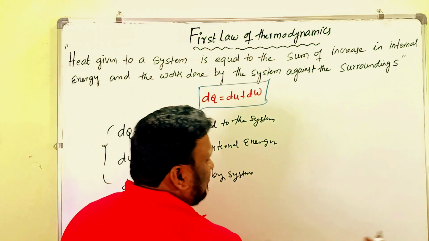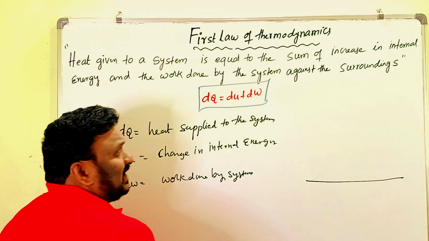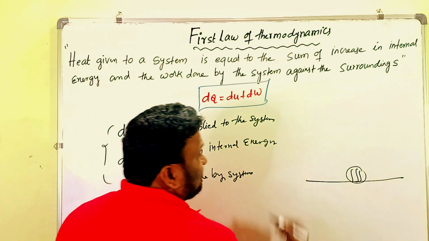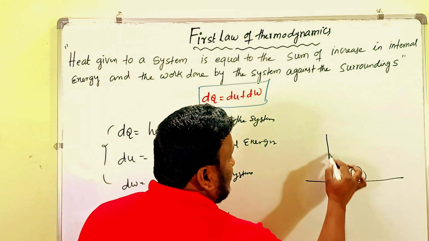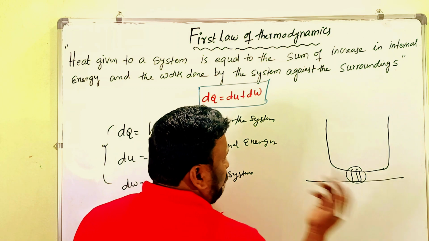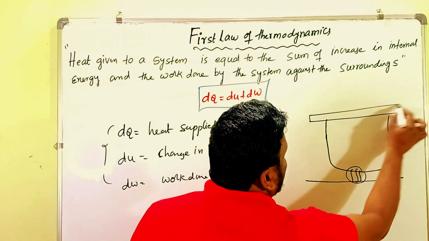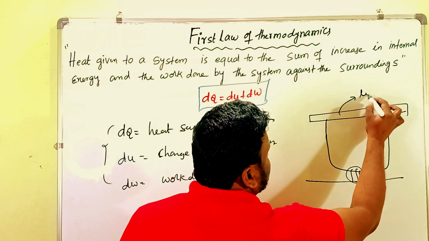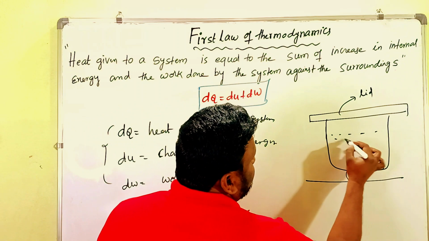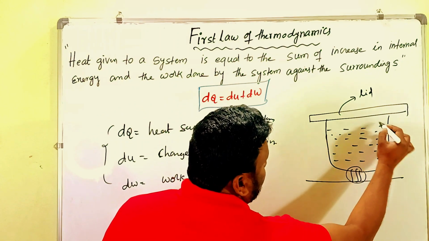Dear students, I will give you one very simple example that we can find in our daily life. For example, there is a gas stove with a burner, and on it we are keeping a container or vessel with some water and a lid.